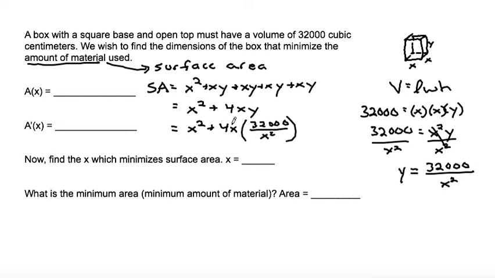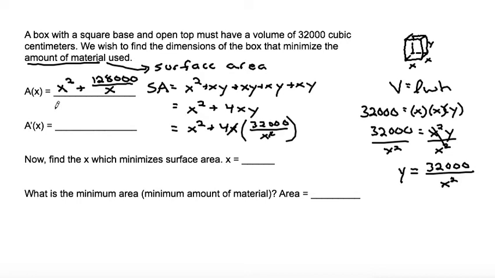And now this x will cancel out with one of the x's in the denominator to leave us with 32,000 times 4, which is equal to 128,000, and we would have one x left in the denominator. So let's write this as x squared plus 128,000 over x. That would be our area formula in terms of x, assuming that x is the length of one of the sides of the base.